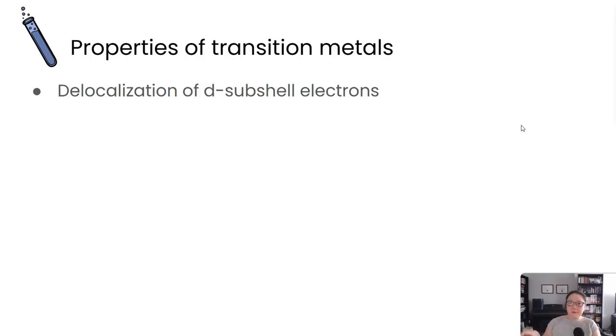In your S block, you can only have 1 or 2 delocalized electrons per atom because of where they are in the periodic table, but with your transition metals, there are so many more that you can use, which means that you can have bigger attraction between the nuclei of your metal and the delocalized electrons.